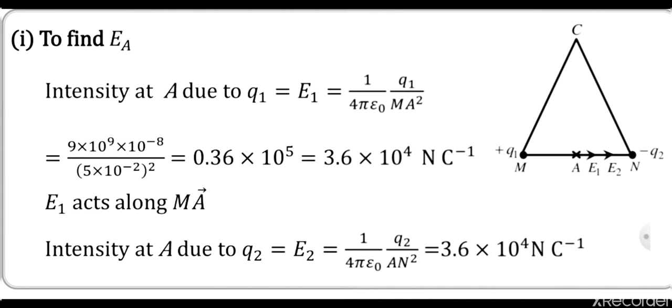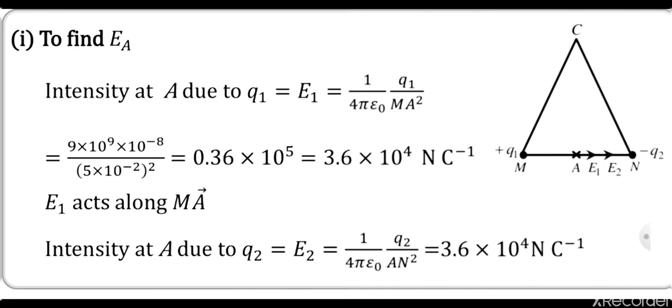Use that formula: 9 into 10 power 9 into Q1, that is plus 10 into 10 power minus 8, divided by 0.05, which we can write as 5 into 10 power minus 2, the whole square. Solve it, and you will get E1 as 3.6 into 10 power 4. This acts along MA.